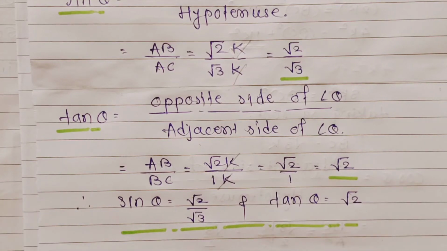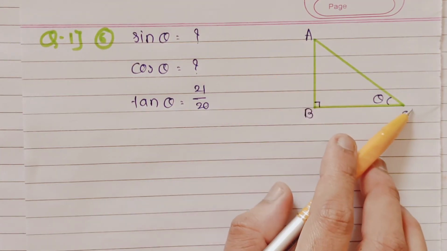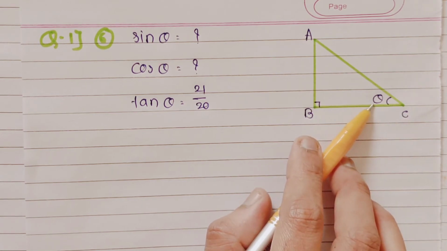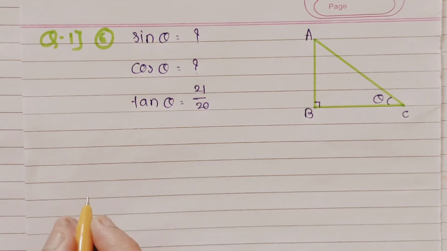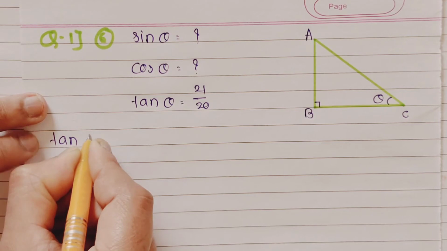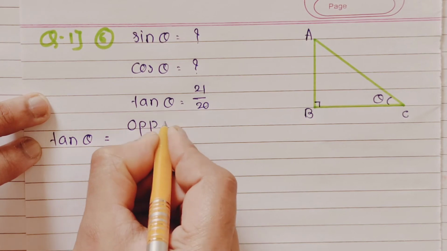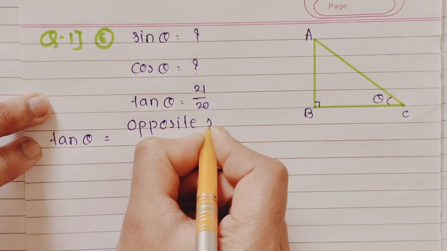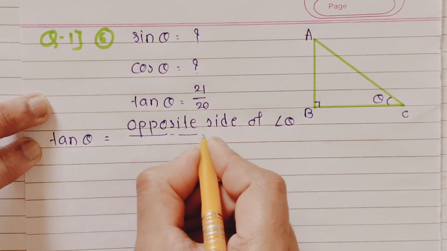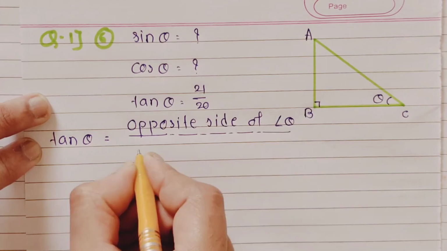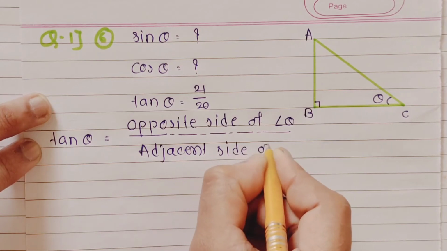Then next example. Sixth example, in right angle triangle ABC, AC is the hypotenuse and angle C is equal to theta. So given information is tan theta is equal to 21 upon 20. So we can write tan theta, that means ratio of tan is equal to opposite side upon adjacent side of angle theta.